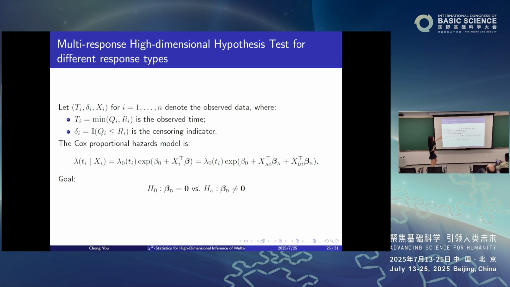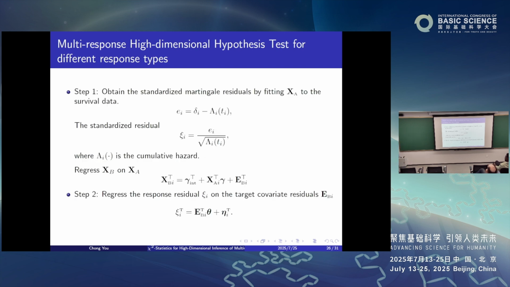Delta i here is the censoring indicator. If Qi is less than Ri, it means we really experienced an event, so it is 1, and 0 means the time here is the censoring time. It is not the time to event. And the Cox proportional hazards model is expressed here. And again, our goal is to test whether this beta B is 0.